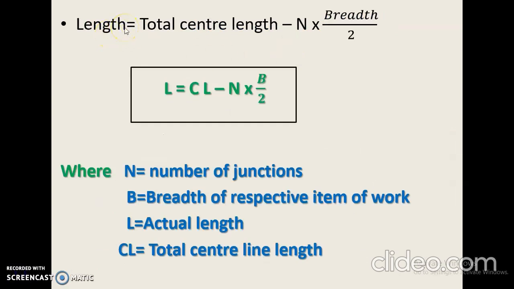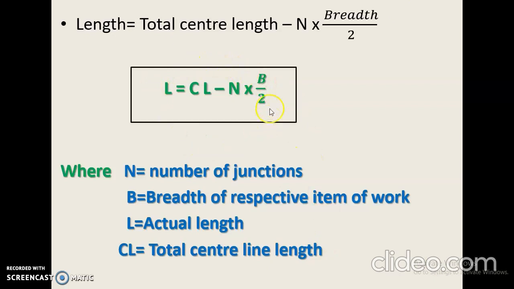So how can you calculate the actual length by the centerline method? You need to take the total centerline length minus N into B divided by 2. Here N stands for the number of junctions and B stands for the breadth of the respective item of work, L is the actual length and CL is the total centerline length.